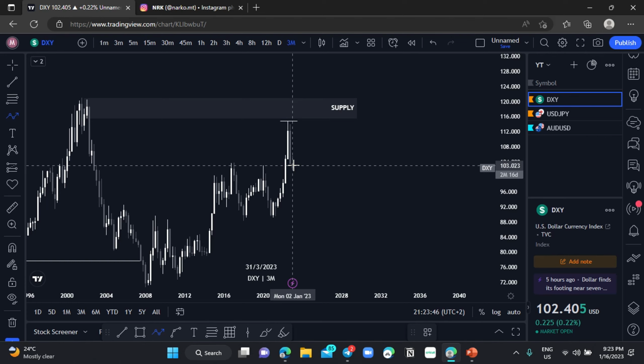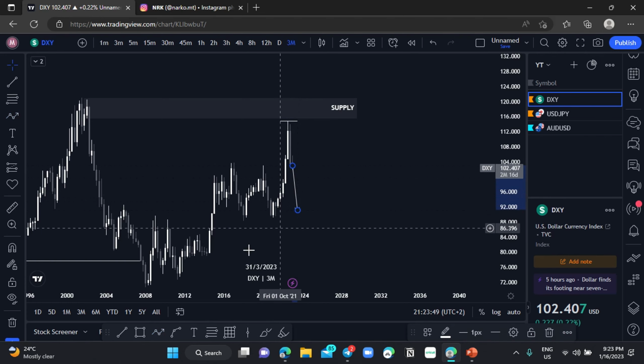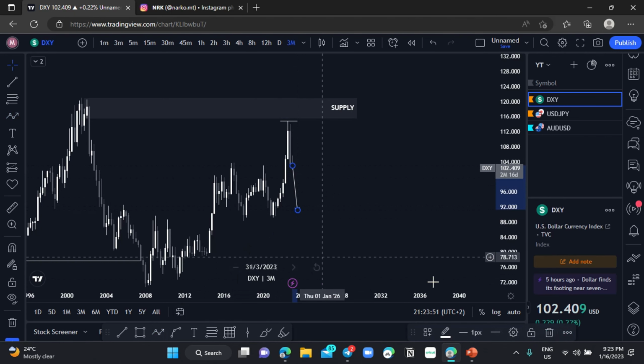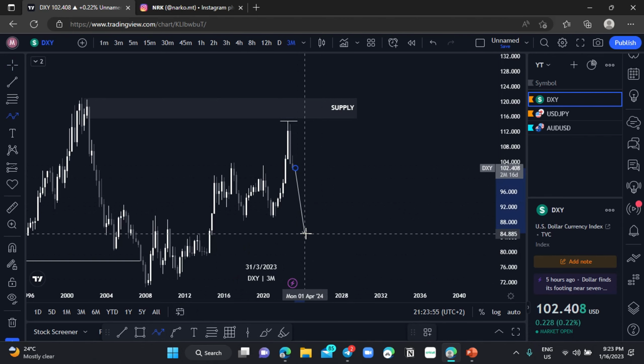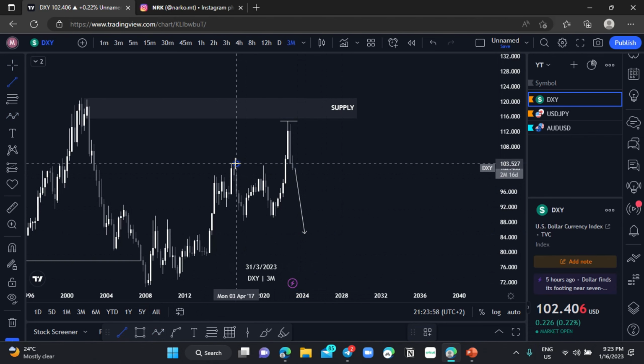So now this low gets taken out, so we know that we have this break of structure and this change of character here.